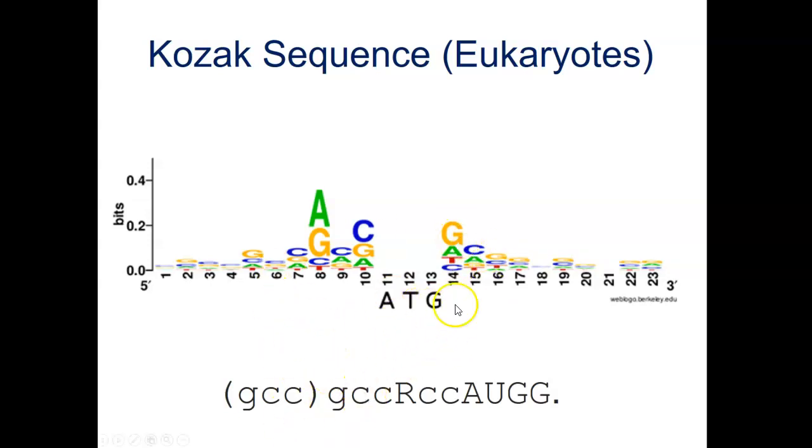This is where the ribosomes know to initiate translation. Usually just downstream of the AUG is going to be a G. Just upstream of that, most of the time you're going to see either a C or a G. We call this the Kozak sequence, named after the woman who discovered it.